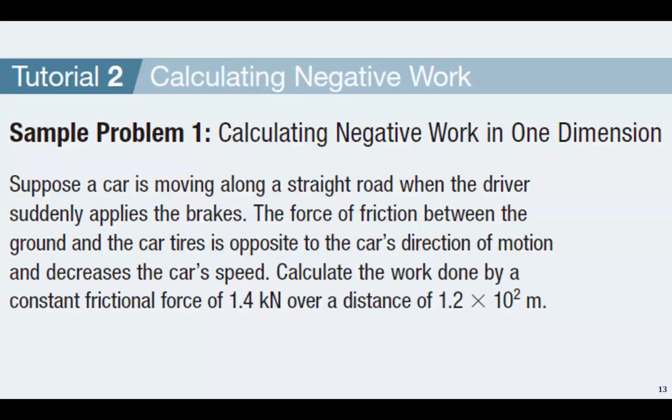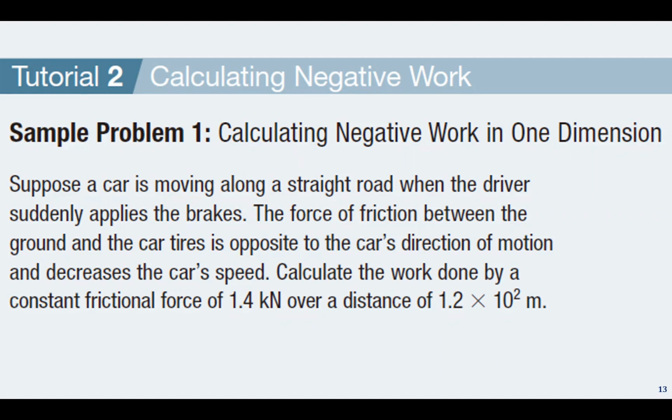Okay, now let's consider this sample problem here. Suppose a car is moving along a straight road when the driver suddenly applies the brakes. The force of friction between the ground and the car tires is opposite to the car's direction of motion and decreases the car's speed.